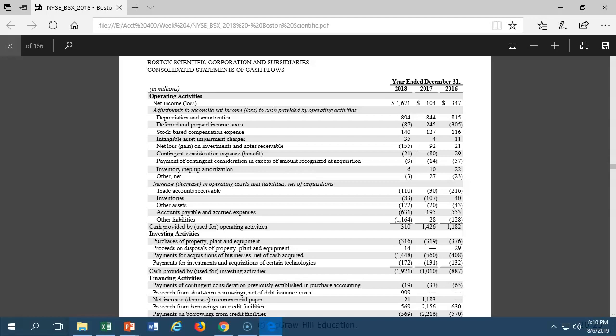Right, because I think it's a net loss, but then it says it's a gain. Yeah, so it's a gain that was included in net income, but it needs to be subtracted out because it's a non-cash income item that was in the net income. So let's talk about why that would be. It could be a net gain on investment and note receivable.